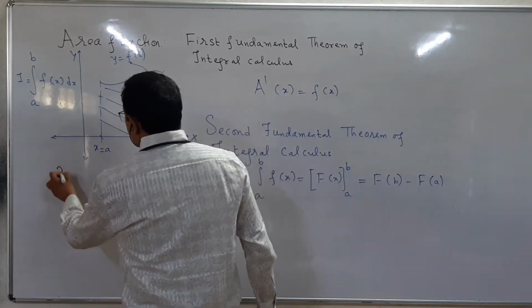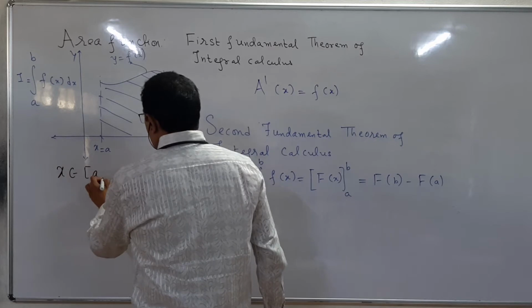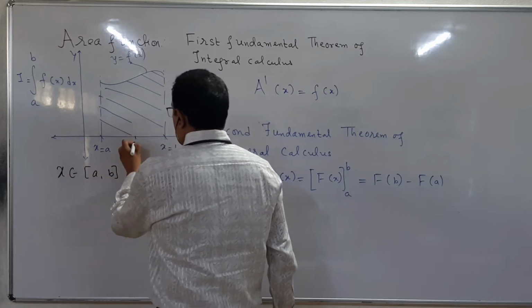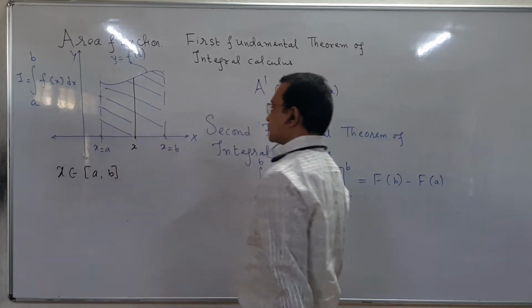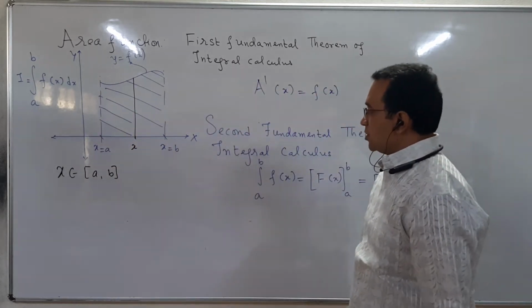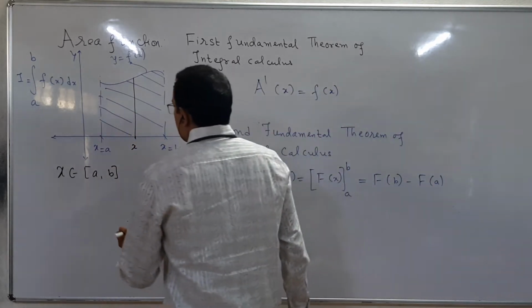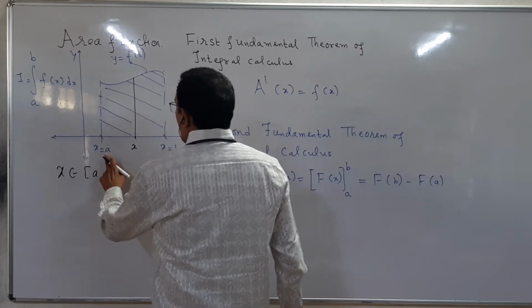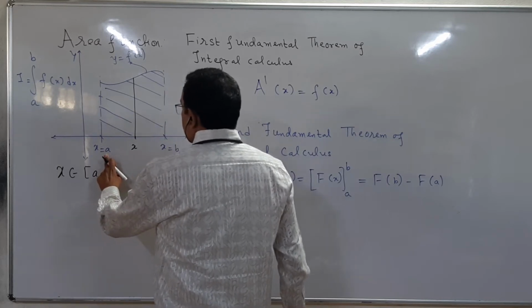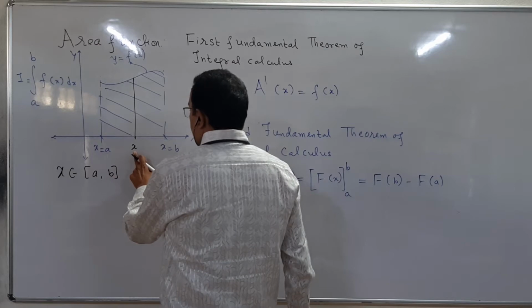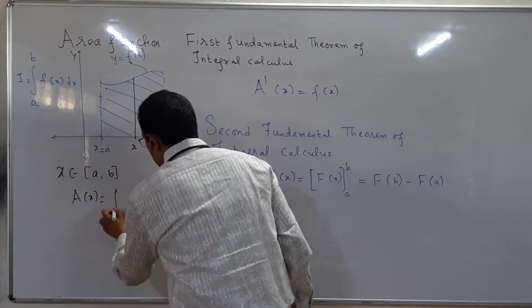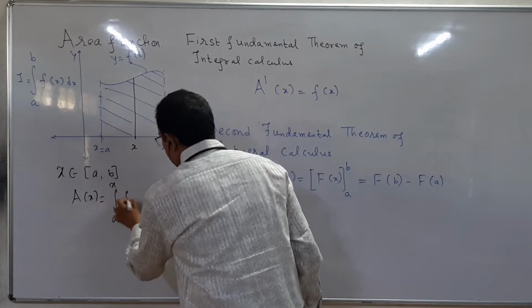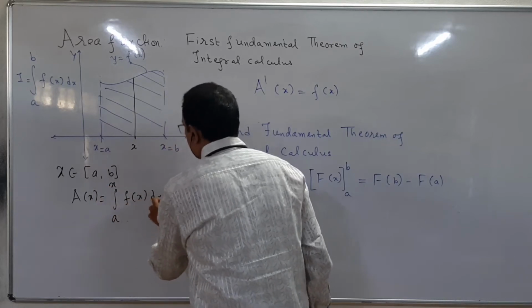So suppose x is any value belonging to the closed interval [a, b], somewhere here. Then the area bounded between x is equal to a and this x will be the area function A(x) is equal to integral a to x f(x) dx.